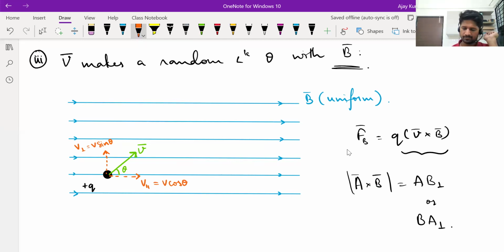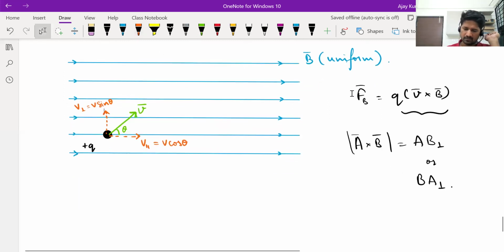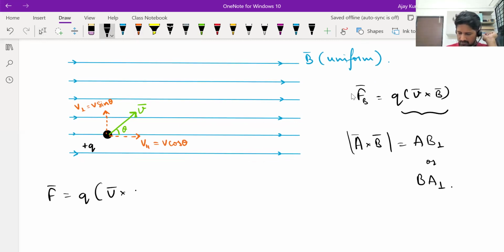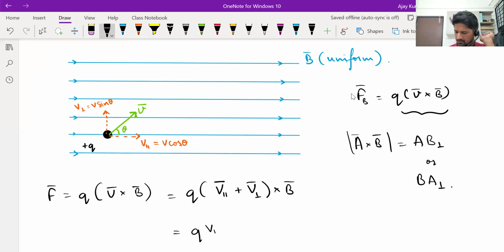Now here also, the velocity is the sum of these two components. So the force, Q V cross B, is Q times the vector sum of V parallel and V perpendicular, cross B. You can split this into two terms: Q V parallel cross B plus Q V perpendicular cross B. V parallel cross B becomes 0 because V parallel and B are in the same direction.